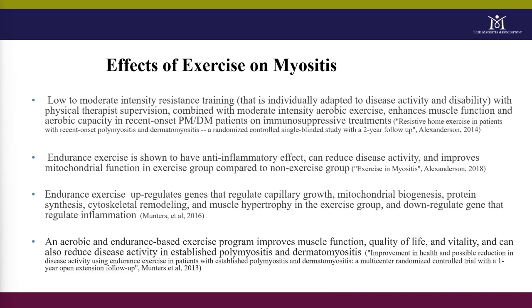So what does research say about the effects of exercise on myositis? This research by Helene Alexandersson and her team in Sweden demonstrated that low to moderate resistance training adapted to an individual's strength and disease activity and combined with aerobic exercise can significantly enhance muscle function and aerobic capacity in recent onset PM and DM who are on immunosuppressant medications.